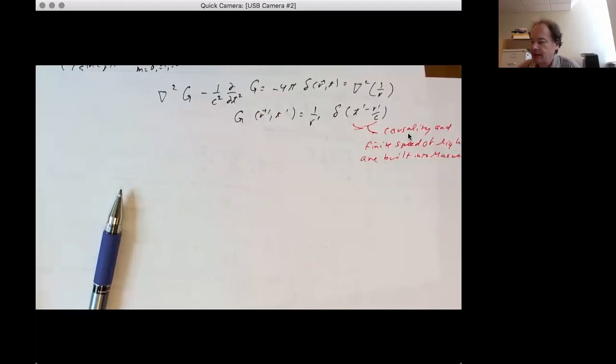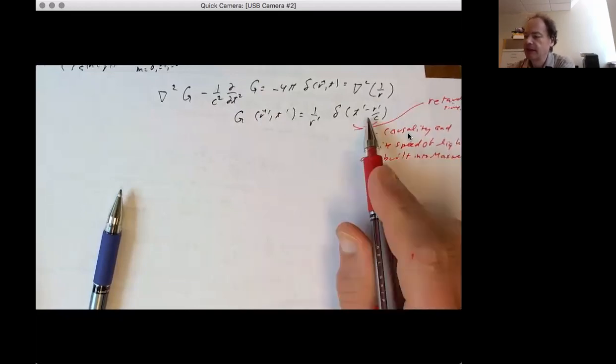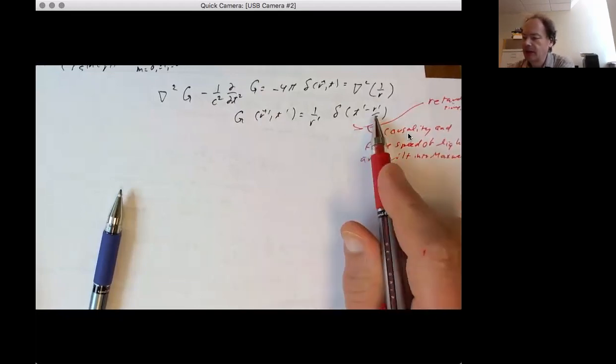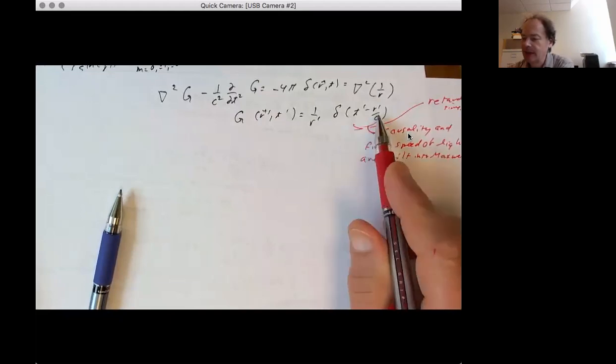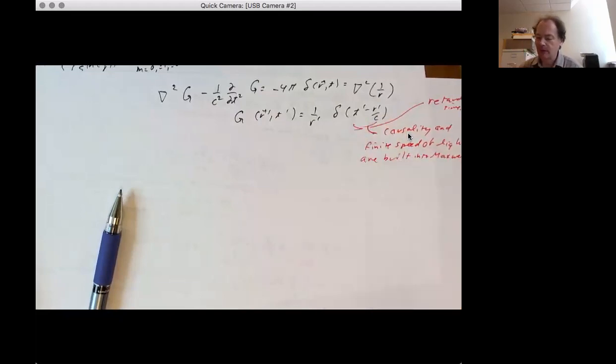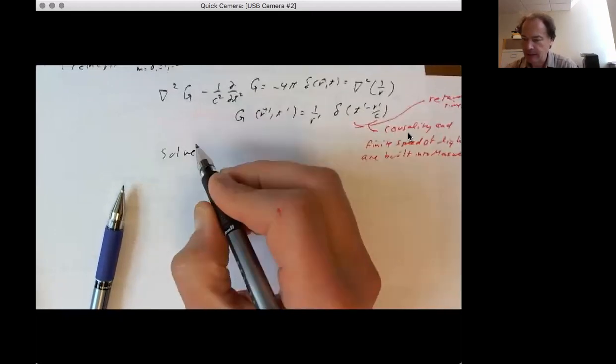It has that retarded time. Right, this is retarded time. It means that where you are at a certain time is delayed by the propagation time, r over c. So let's actually solve this equation here. We do it by integration.